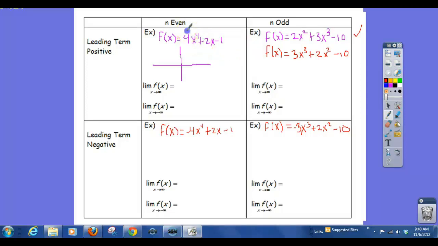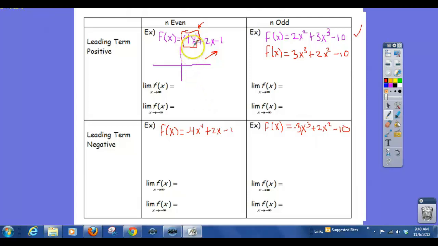But really what's contributing most to the number itself is this here, especially for x values that are really big. So when x is really large, what's contributing most to the output is this here. So we can do all our analysis on the leading term. So again, as x goes to infinity, this becomes a really big positive number. So that means our graph's probably doing that in the long run.